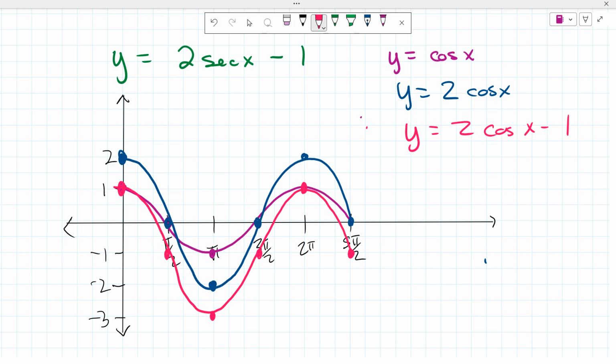Okay, where are my asymptotes going to be? Exactly, Cheyenne. They're not going to be where this last graph crossed the x-axis. They're going to be where we normally cross the x-axis. That's where my asymptotes will be.